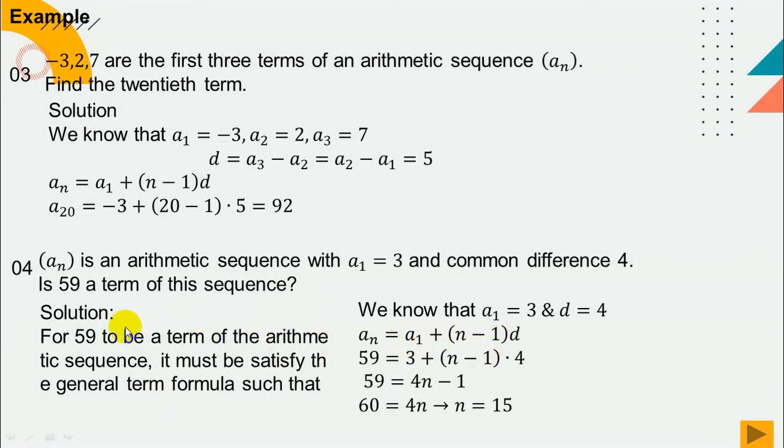They're talking about 59, so you change a_n in the general term to be 59, and then you substitute a_1 to be 3 and (n minus 1) times 4. You need to simplify this one. You get 59 equals 4n minus 1, and then you get 60 equals 4n. So n equals 15. So the answer is yes, 59 is a term, but it is the 15th term. So that's the answer.